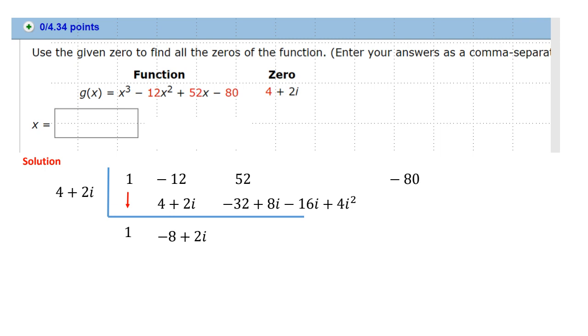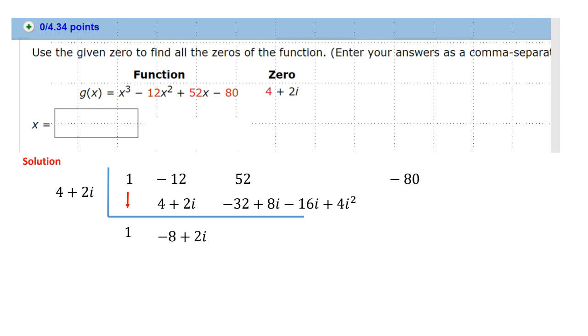I am going to multiply 4 plus 2i times negative 8 plus 2i. Again, we will do FOIL for this, okay, which is going to give me negative 32 plus 8i minus 16i plus 4i squared. We can combine our like terms. We can add the 8i minus 16i, which is going to give me negative 8i.